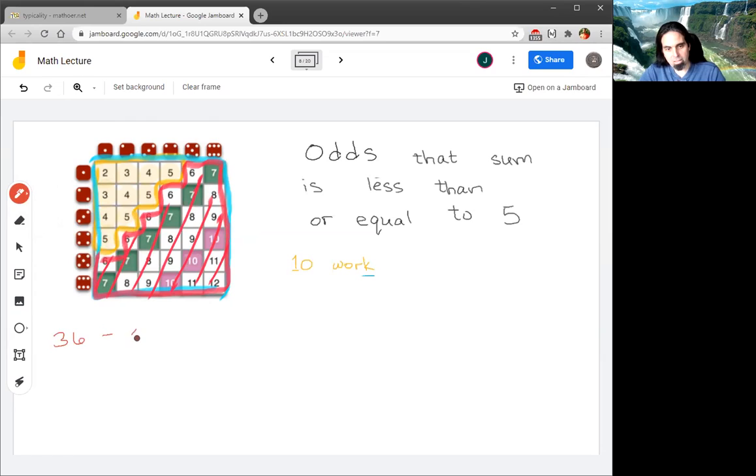If I take away the 10 that do work, then I get 26 that don't work, that are undesirable. So our new fraction is not 10 over 36, but 10 over 26. And because it's odds, I do want to reduce it.